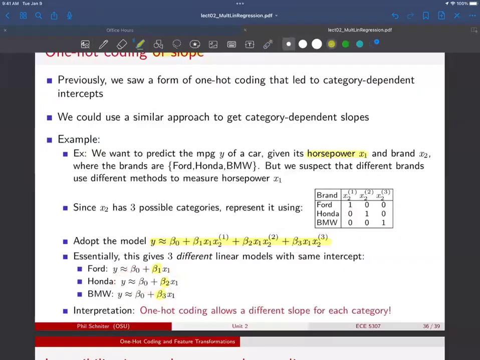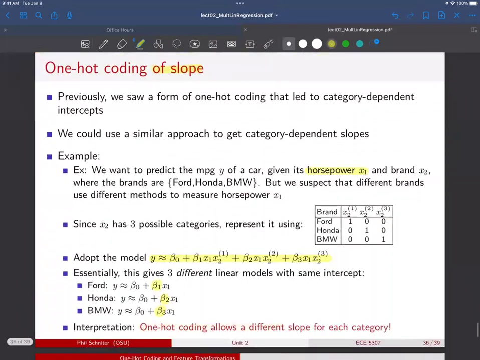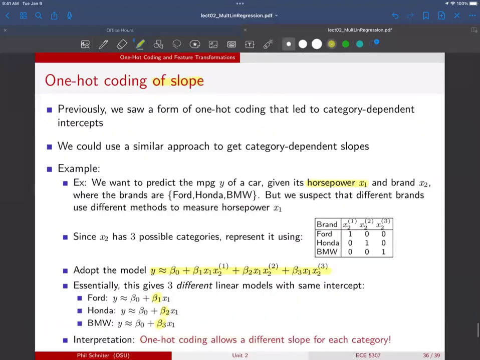And so in order to really fit my data properly, I have to allow a different slope variable for all my Fords versus all my Hondas versus all my BMWs. And so this is definitely an option you can do. You can do one-hot coding of intercept. You can do one-hot coding of slope. You just have to make that choice in order to do the fitting.